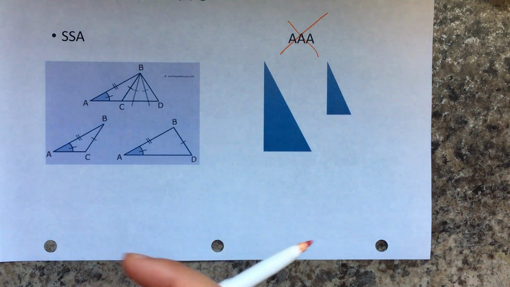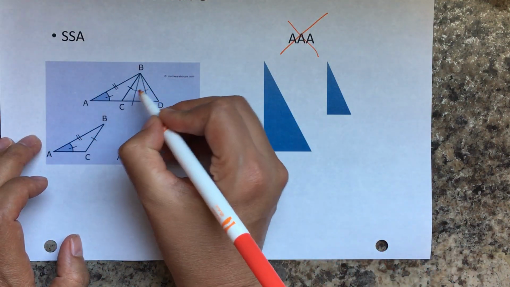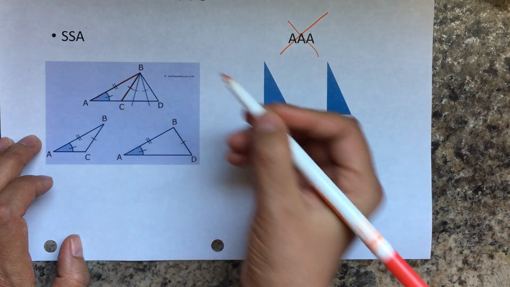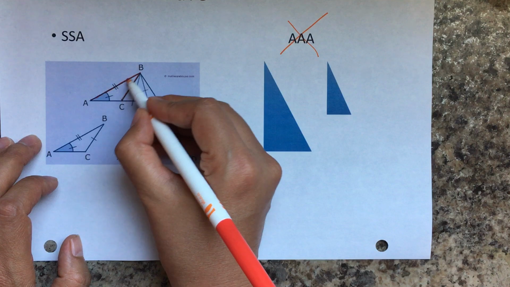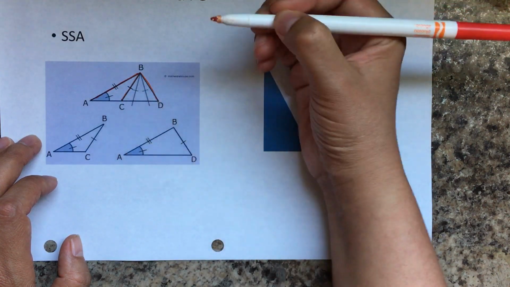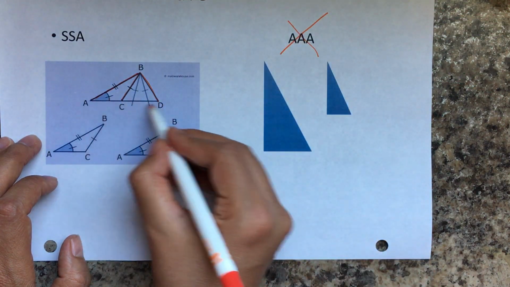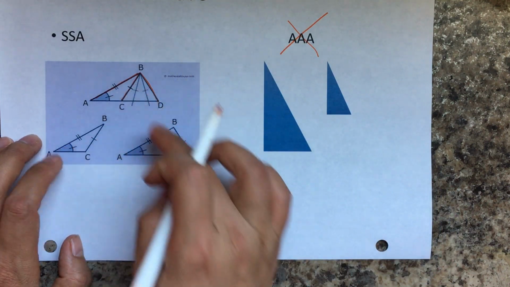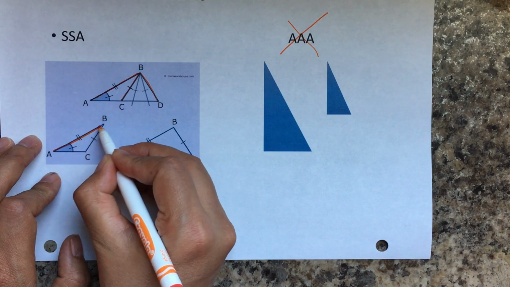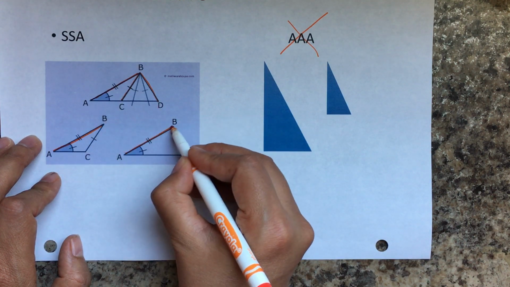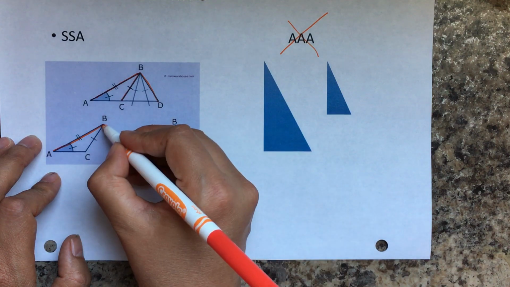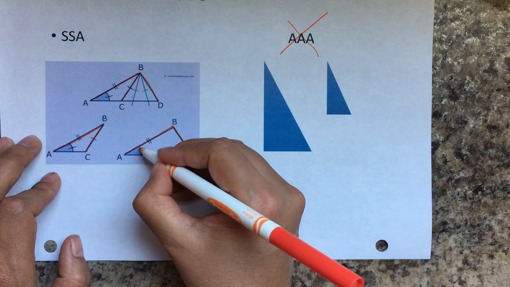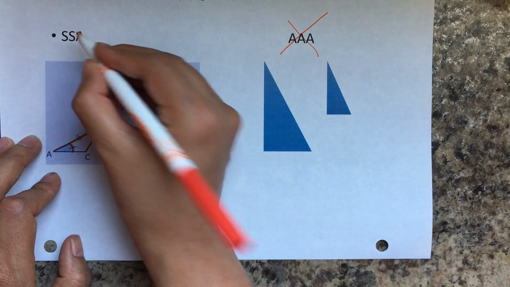The reason side-side-angle doesn't work is because notice how in here you have a side congruent to this side and this side, but then the third side is not congruent. They made this copy separate, so this side and this side are congruent, this side is congruent to this side, and this angle is congruent to this angle.